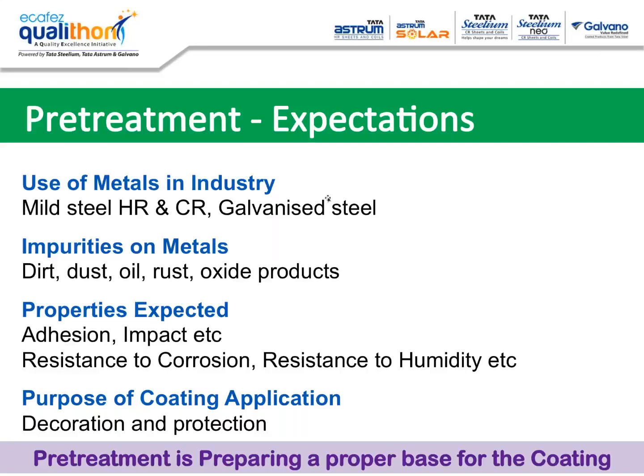Properties which are expected are basically good adhesion, good impact resistance, good flexibility, and other resistances, mainly corrosion resistance, or what we count as salt spray resistance, or resistance to humidity, etc. Purpose of coating application is, as you know, decoration and protection. Pre-treatment is preparing a proper base for coating systems.